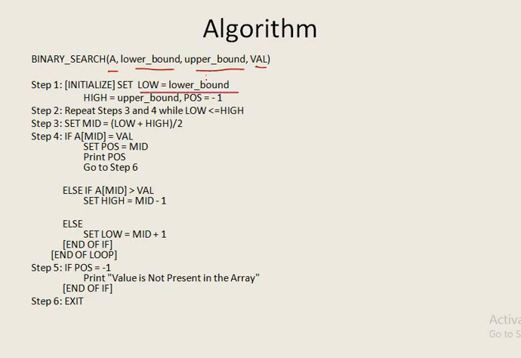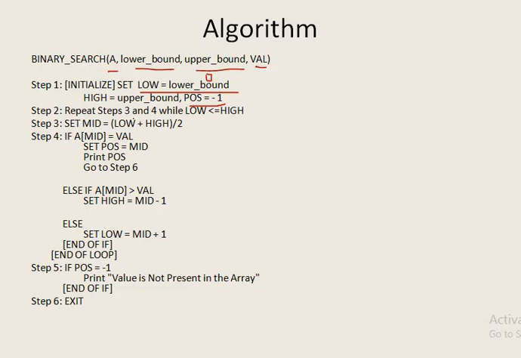The lower bound will always be 0 initially, and the upper bound will be the number of elements present in the array minus 1. That is, high will be set as the upper bound, and POS is the position of the array element. Initially it is set as minus 1, and the process is repeated until we find a match or the size of the subarray becomes 0.